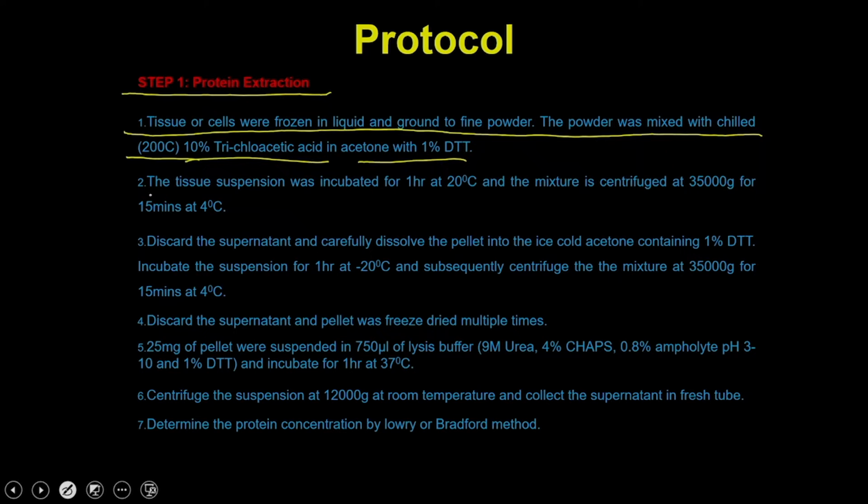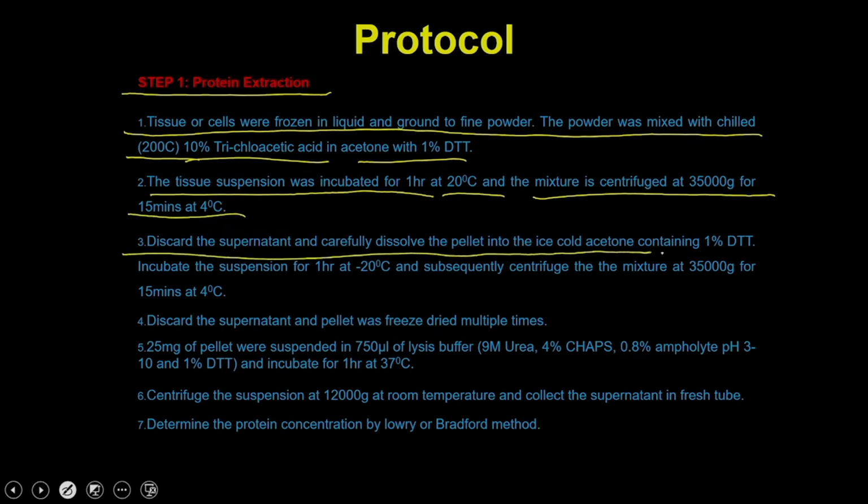The tissue suspension is incubated for 1 hour at minus 20 degrees, and the mixture is centrifuged at 35,000 g for 15 minutes at 4 degrees. You can discard the supernatant and carefully dissolve the pellet in ice-cold acetone containing 1% DTT, and incubate the suspension.